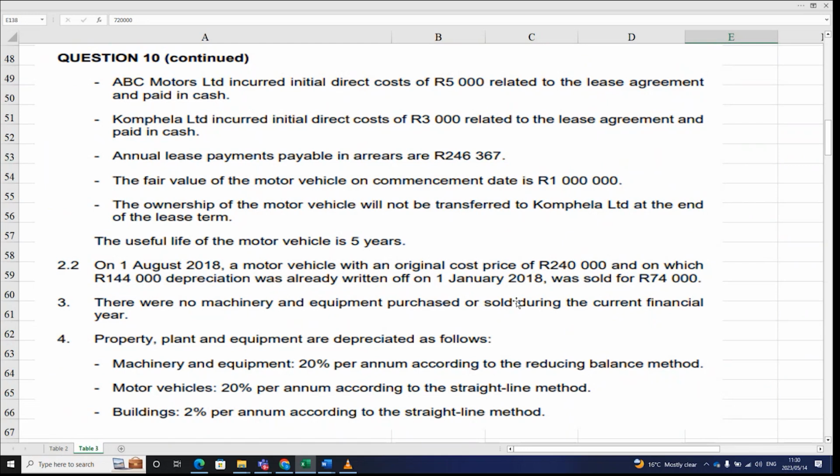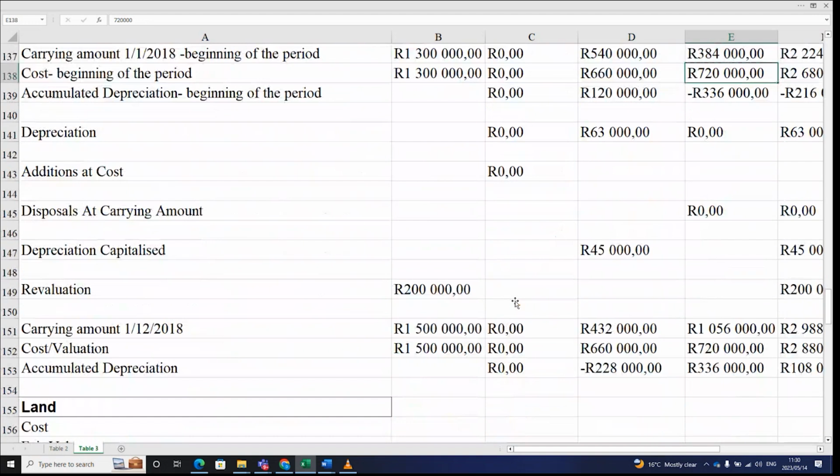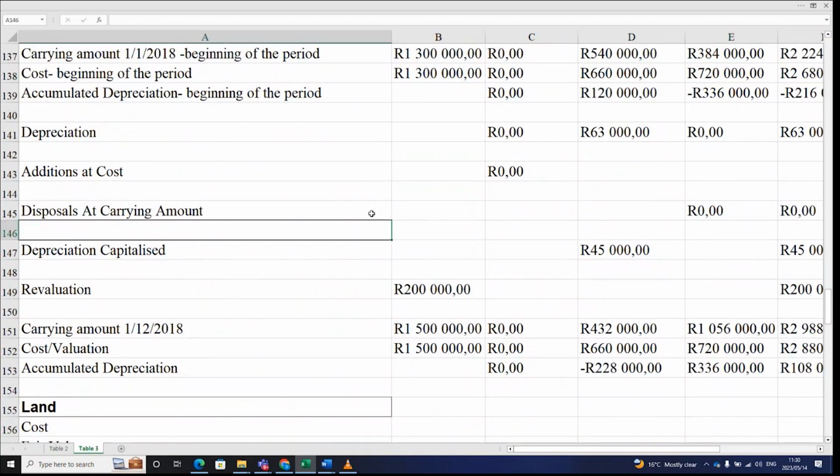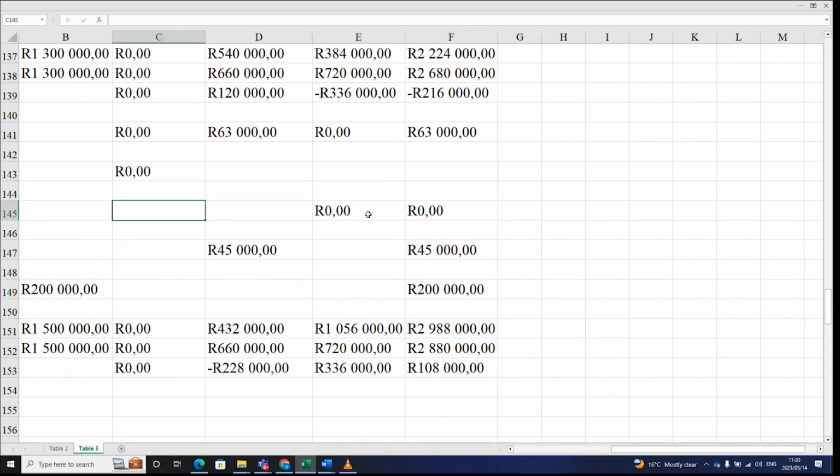So they have not accounted for the depreciation of this asset that was sold. So we know that we need to get to the carrying amount of the asset being sold, right? So again, it's like over here, the carrying amount of the asset being sold is what we need to work out here in the note. So how do we work that out, all right?